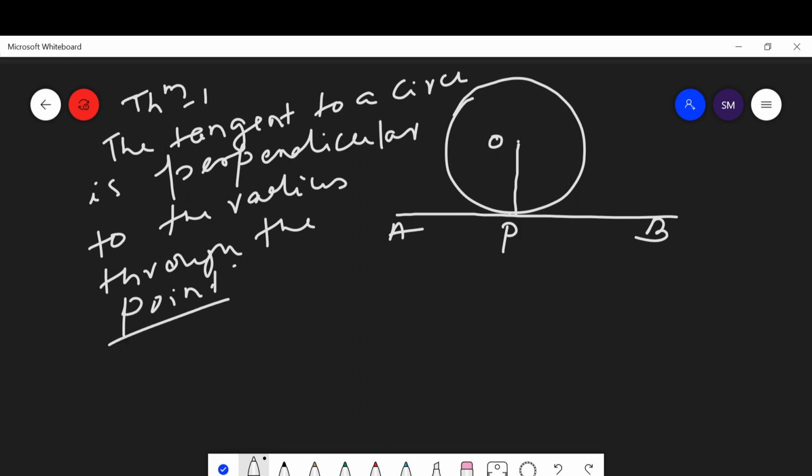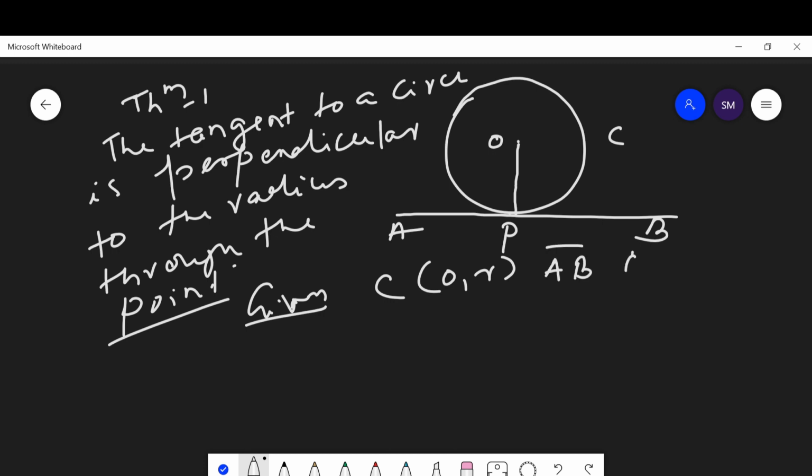Thus theorem 1 says the tangent to a circle is perpendicular to the radius through the point of contact. Means here, given C is the circle with center O and radius R, and a tangent AB which touches at the point P, we have to prove that OP is perpendicular to AB.